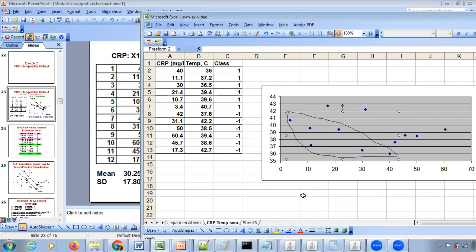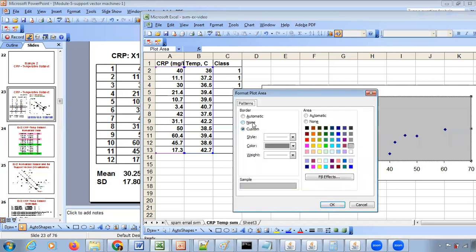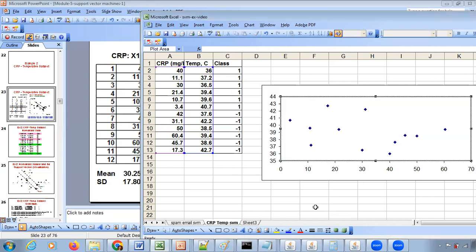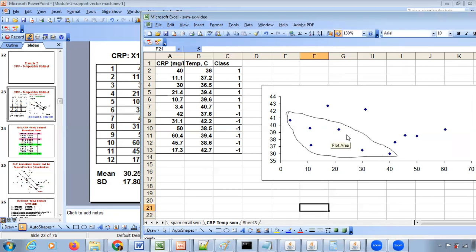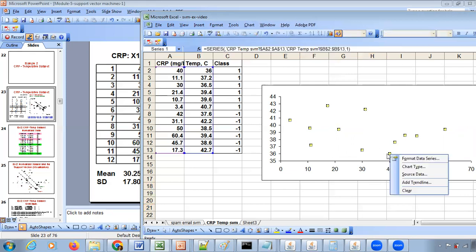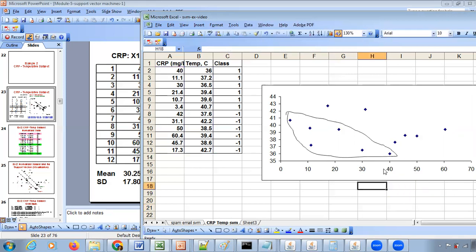So if you want to identify the support vectors, the closer data points in the virus class to the bacteria class are basically this one, which is 40, 36. Actually, we could, let me see. So this one, and then this one.